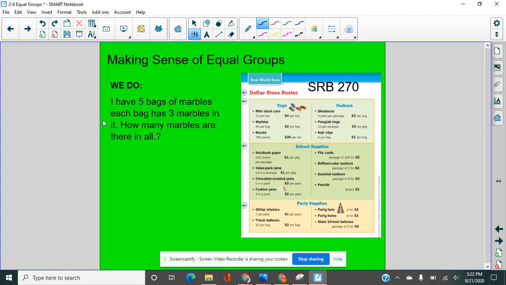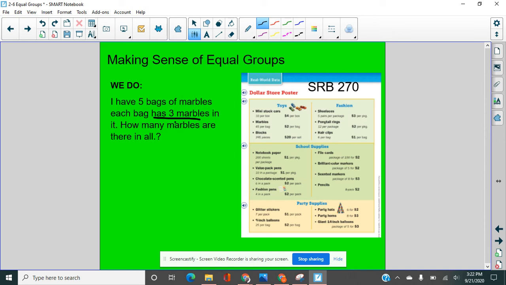You could have said count by fives. Yes, right? You could have said count by threes. Yes. You could have said add 5 groups of 3, right? 3 plus 3 plus 3 plus 3, because each bag has 3 marbles in it. Yes. You could have said multiply 5 times 3. All of those would work.